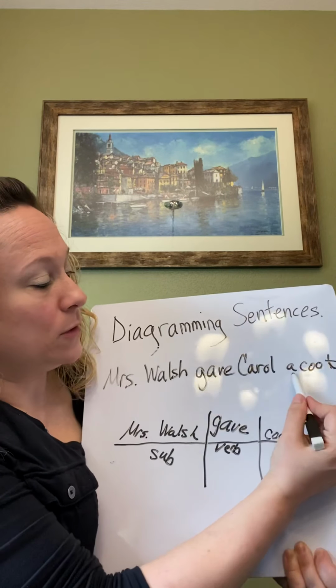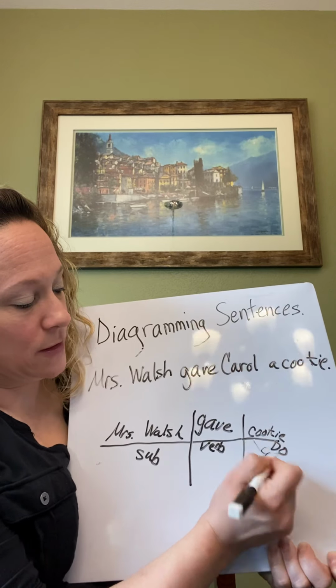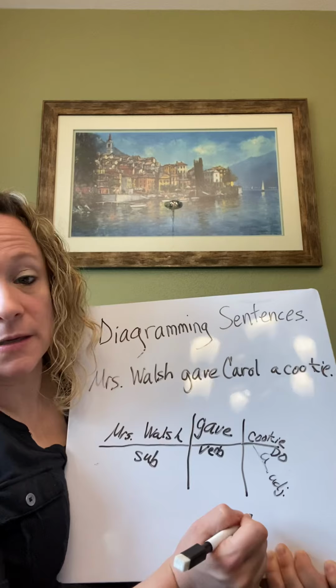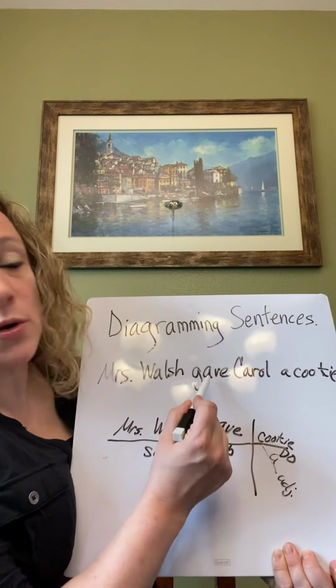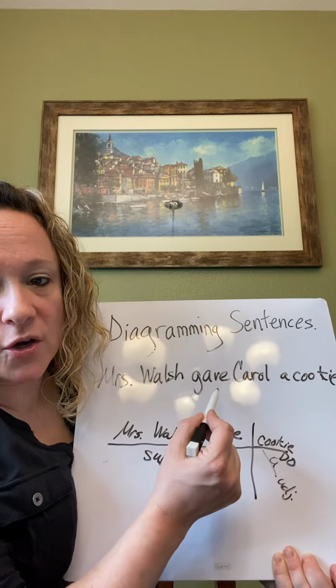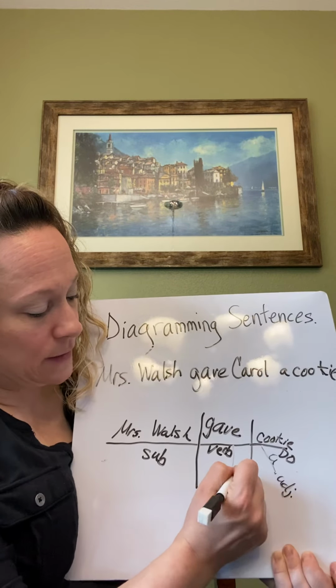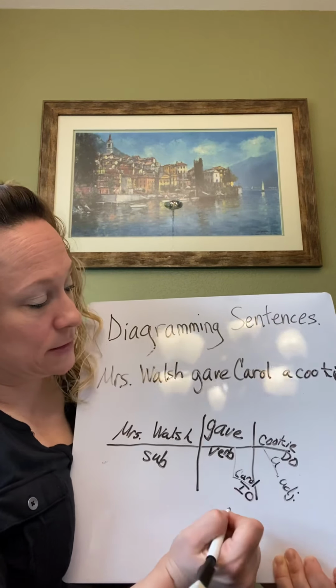Okay, now a cookie, so we have to do our slanted line with the letter A for a, which is an adjective, right? Describing what kind of a cookie. All right, now who did she give the cookie to? So that's going to be line down and over, and then you're going to write Carol here, and Carol is your indirect object.